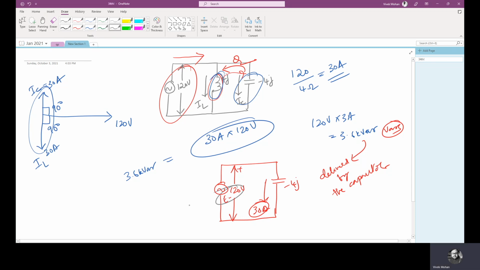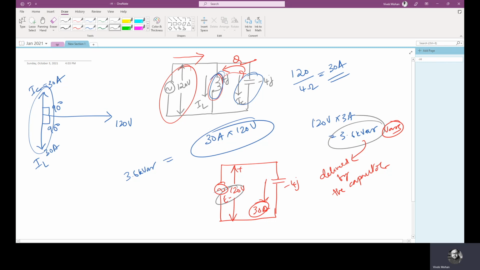So the capacitor still acts as a source of reactive power, delivering the same reactive power, which is 3.6 kVAR. So where does this power go? Because there is no reactor in the circuit, which was the reactive power sink in our previous circuit. The answer is that the capacitor delivers reactive power to the very generator to which it is connected.